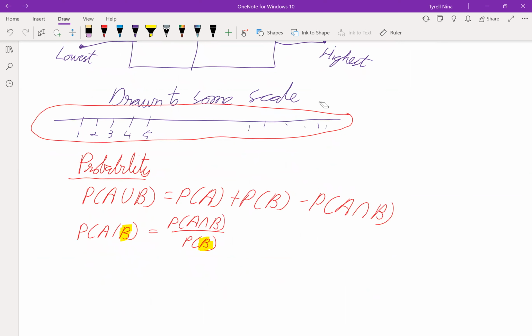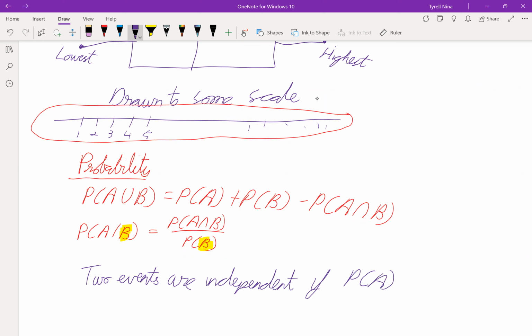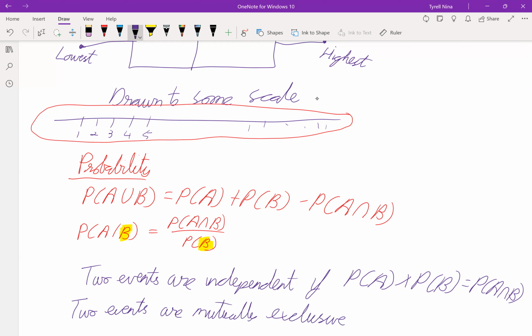Two events are independent if the probability of A times the probability of B is the probability of A intersect B. Two events are mutually exclusive if the probability of A intersect B is 0.